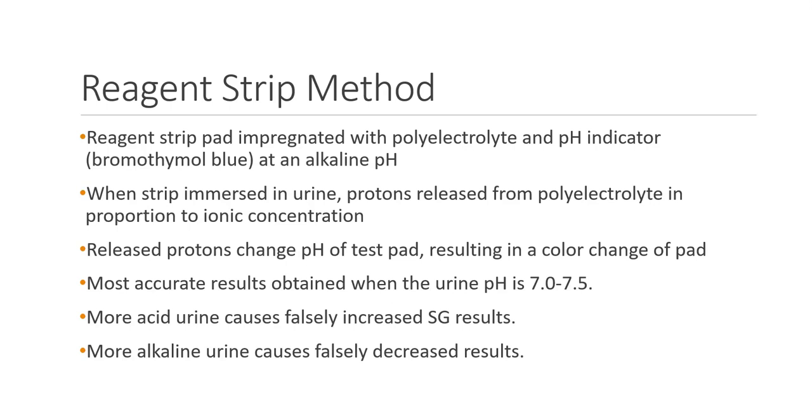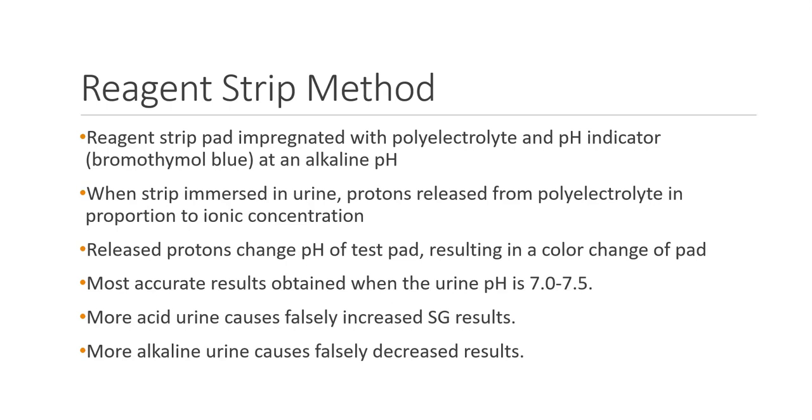When the strip is immersed in urine, protons are released from the polyelectrolyte in proportion to the ionic concentration present in the urine. The released protons change the pH of the test pad, and this results in a color change of the pad. The more concentrated the urine, the more intense the color.